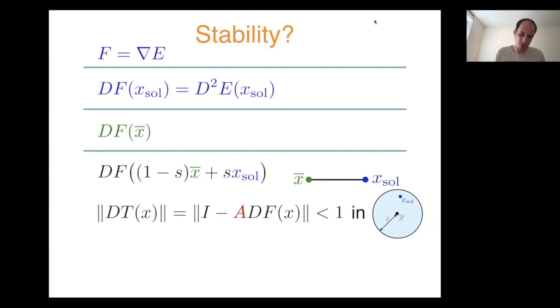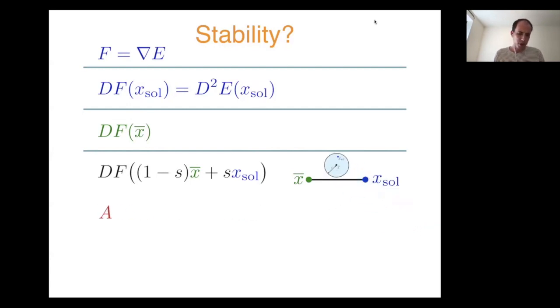So the norm of the operator is less than 1, and then you see that Df cannot have a 0 eigenvalue. Okay, so the number of negative eigenvalues at the numerical solution and the true solution are the same.